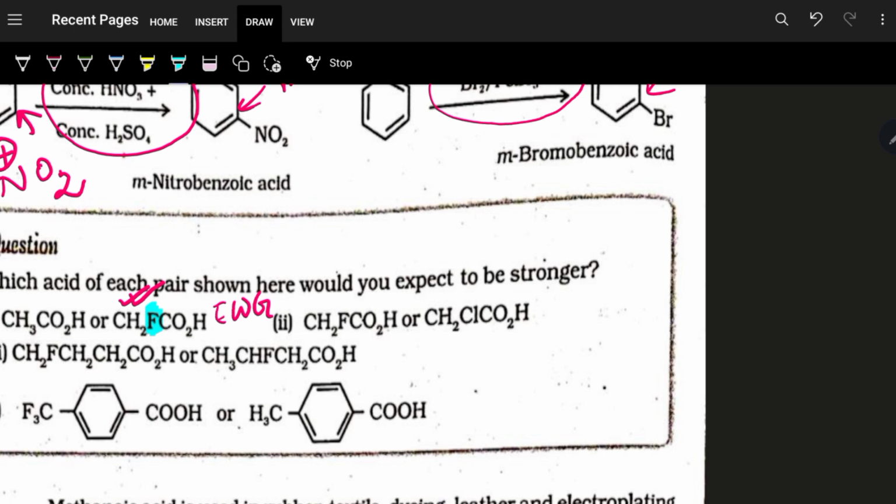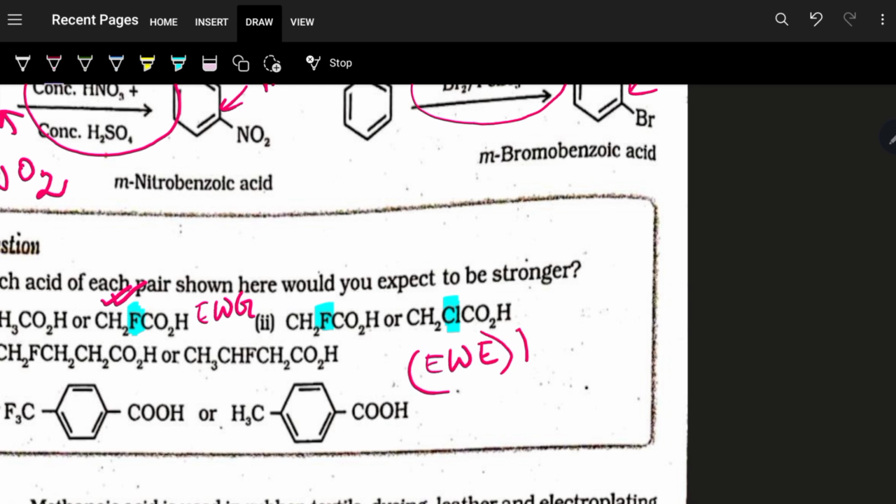Next, here there are two types of electron withdrawing group, one fluorine and the other chlorine. The electron withdrawing effect of fluorine is greater than that of chlorine, so this will be more acidic.